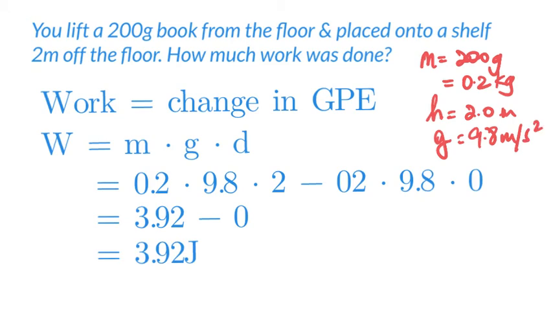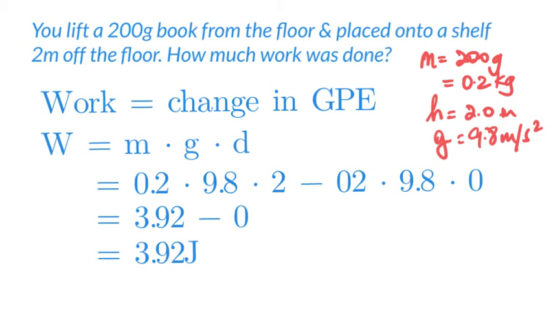If we start thinking about it, we're looking at the change in potential energy that's happened. On the floor, which is zero height, the height is 0, so we're going to have 0.2, again a typo, times 9.8 times 0. So that's going to be 0. Anything times by 0 is 0, a basic math premise.